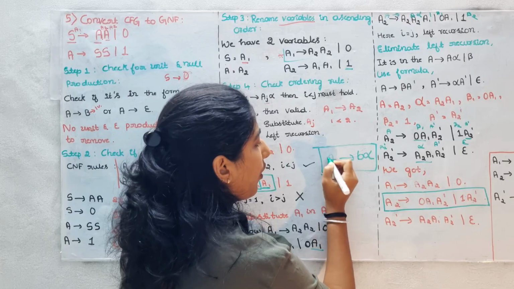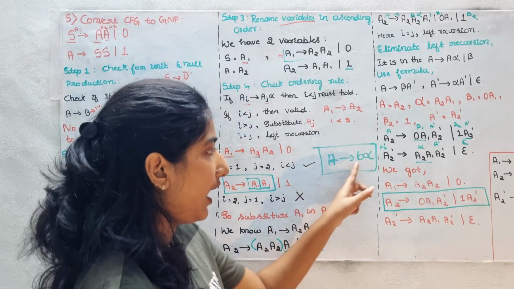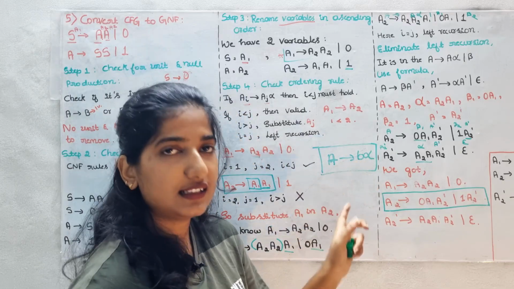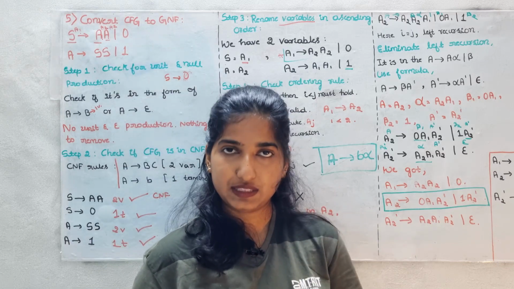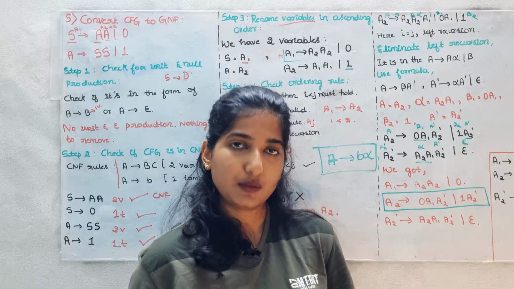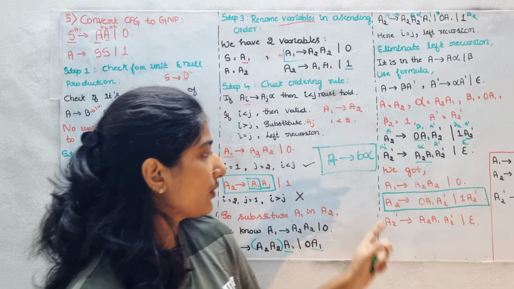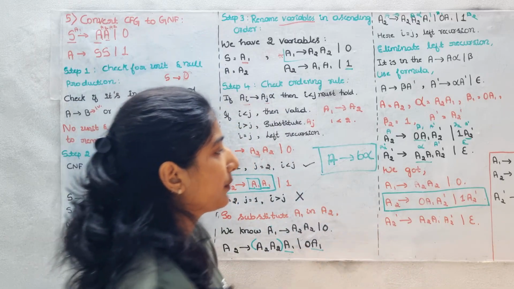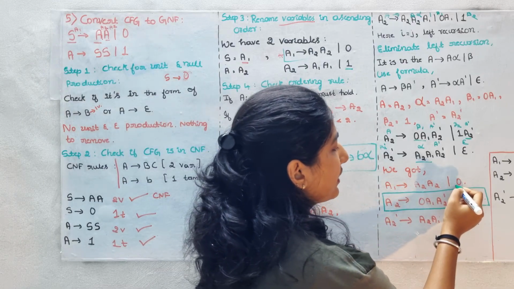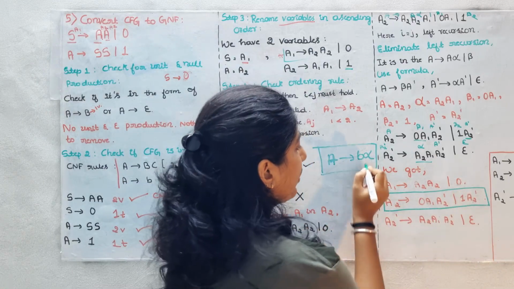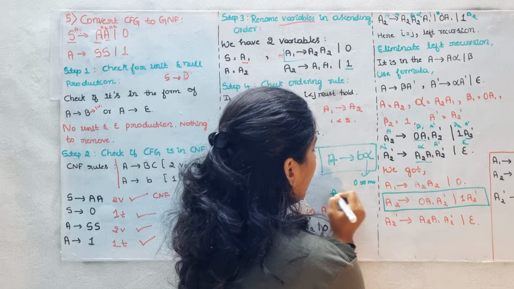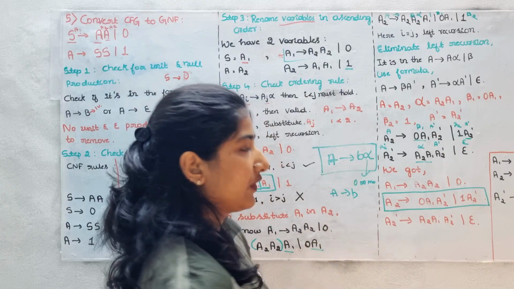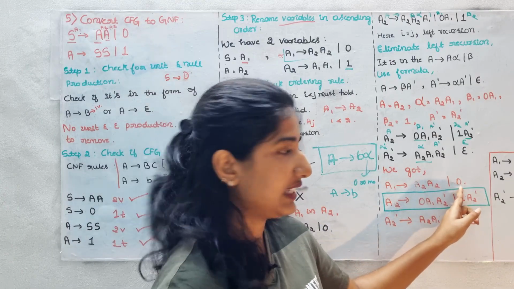B means any terminal, which means in the right hand side first one should be terminal. After that we can have any number of variables. So is there any valid GNF here? Yes, A1 derives 0. This is valid GNF. So any number of variables means 0 or more, right? So it can have A derives B also. So A1 derives 0. This is valid.